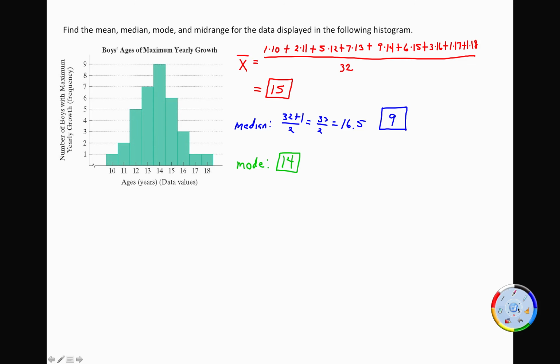By the way, I hope you caught that over there. Just checking to see if you guys were paying attention. I was up here at my position, but my data value in the 16th position was 14. So, sorry about that.